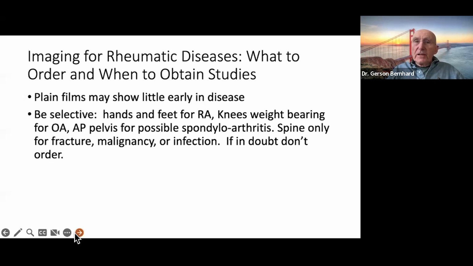If you just order knee films, they're likely to just have the patient lying on the X-ray table, and that doesn't give you the information that you really want. As I pointed out before, if there's a question of spondyloarthritis, a simple AP pelvis will tell you that. Unless you are suspicious of fracture or malignancy or infection, lumbosacral spine films, which give you a lot of radiation and are more costly, are really not indicated, and I would say don't do it.